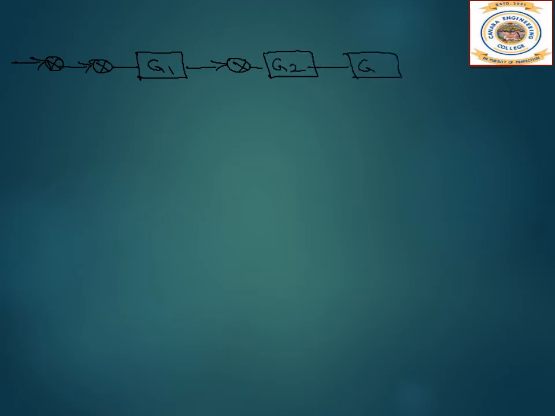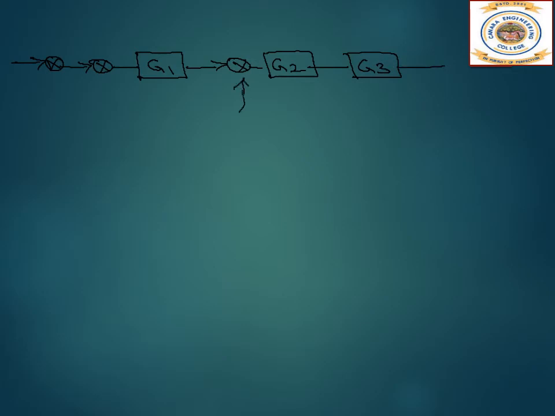So now we will do the shifting and right. So I will again draw the block diagram. So here we have G1, we have G2 and G3.